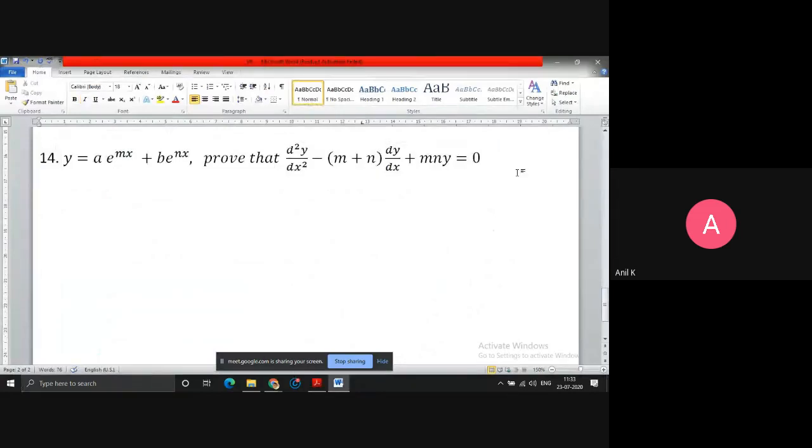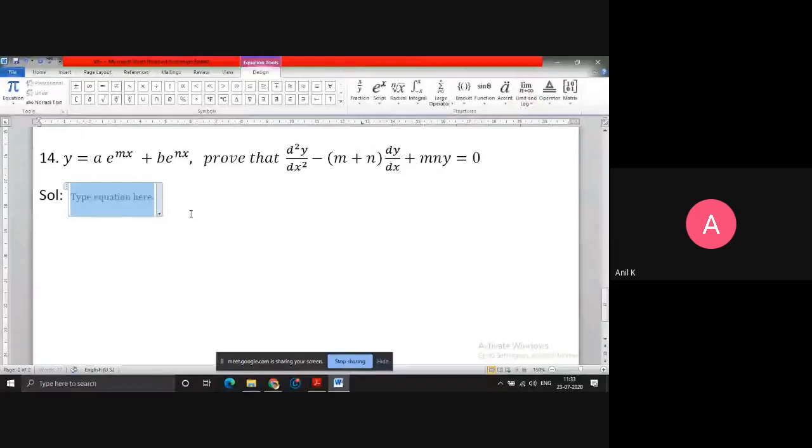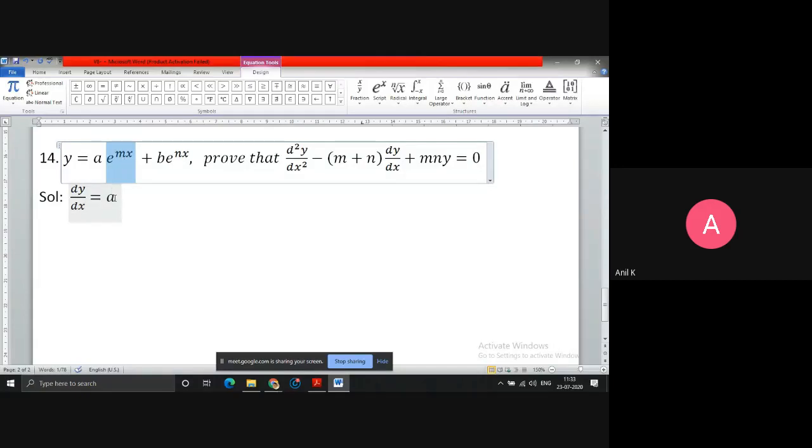So as usual, solution. So first derivative, what you will get? If I do first derivative with respect to x, dy upon dx is equals to a into e power mx. E power mx derivative is e power mx only into derivative of mx is m will come plus b into e power nx.